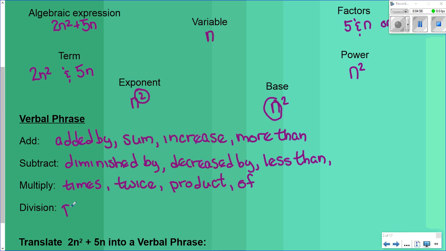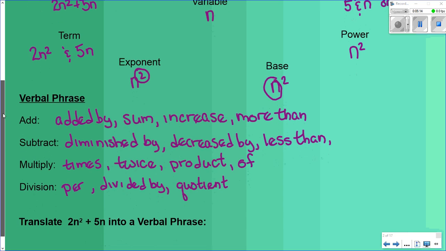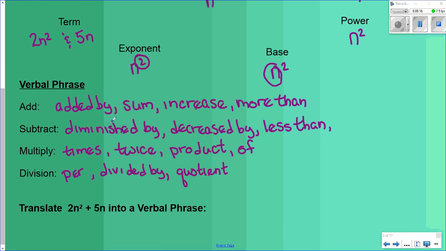Division, you got per, divided by, quotient. That's one that comes up. Right, so those are a few. There's plenty of them, but these are the ones that usually come up the most.